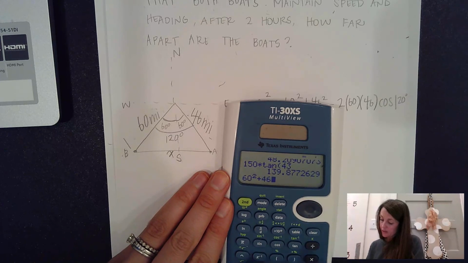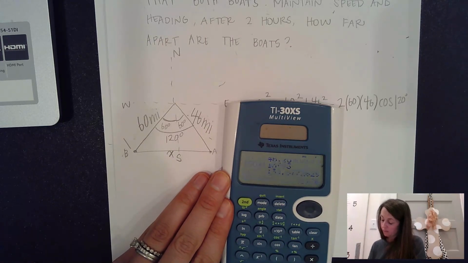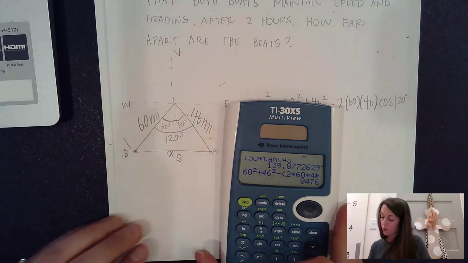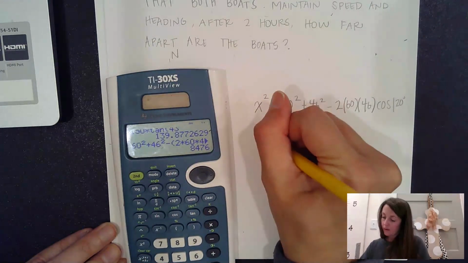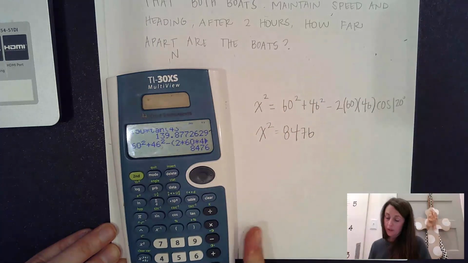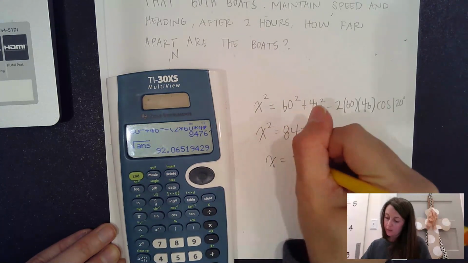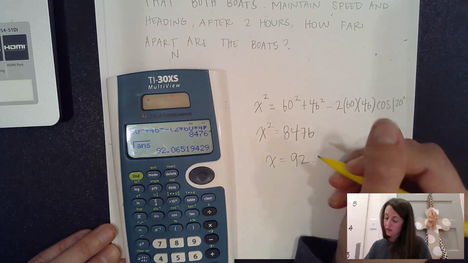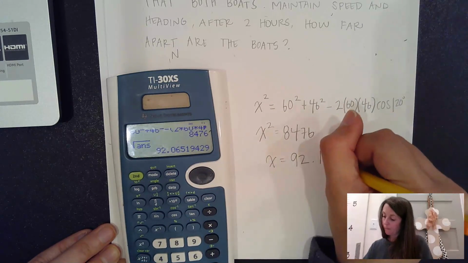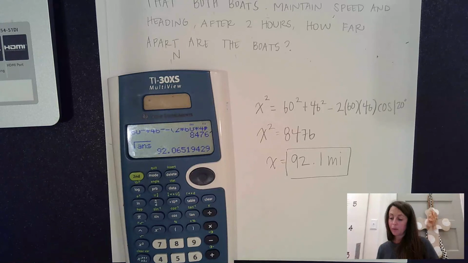So that's 8476. And then I'm going to take the square root of that value. So x is going to be 92.1 miles. So they're going to be 92.1 miles apart.